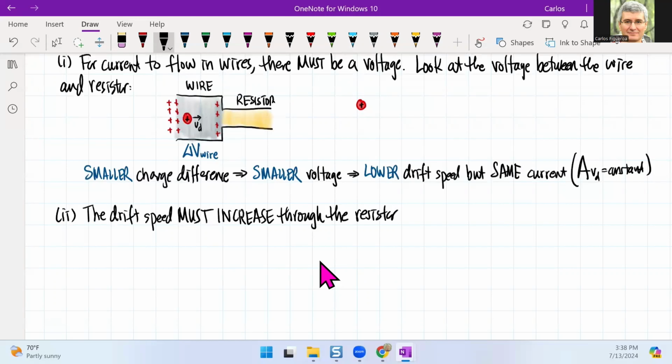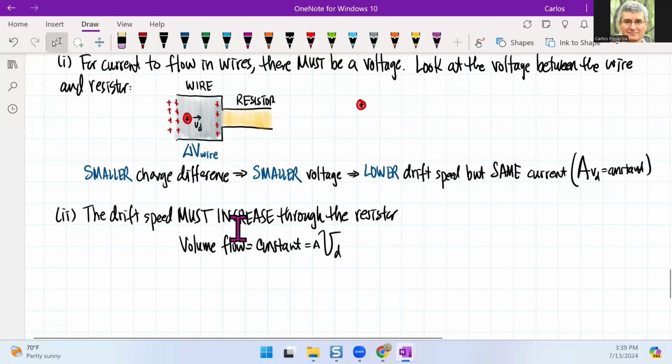The reason why is that we know the volume flow rate has to remain a constant. So if I now have a restriction, that means my area is smaller. Therefore, the drift velocity must be large. But if I have a large drift velocity, I must have a higher voltage.